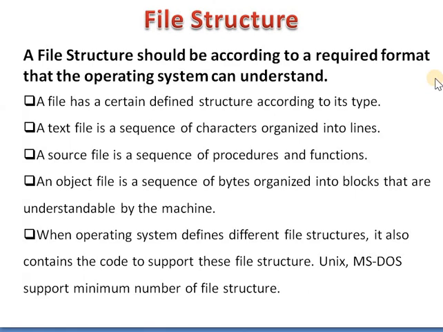Then we saw the file structure, that means the structure of a file. The file structure is mainly categorized into three types. First one is the unstructured sequence of bytes, that means byte sequence. Second one is the sequence of fixed length records, that means record sequence. And third one is the tree structure. These are the three types of file structures followed by the operating system.